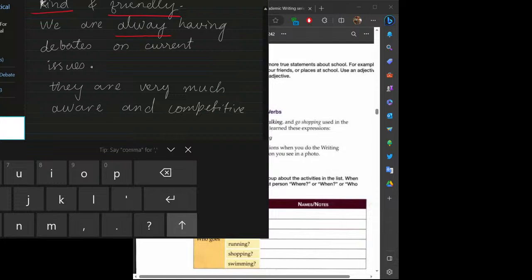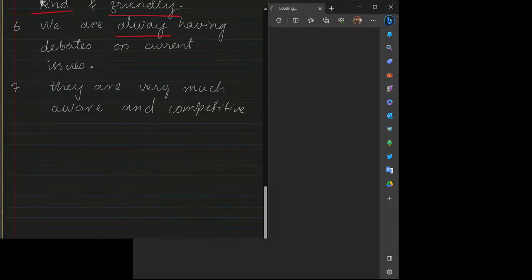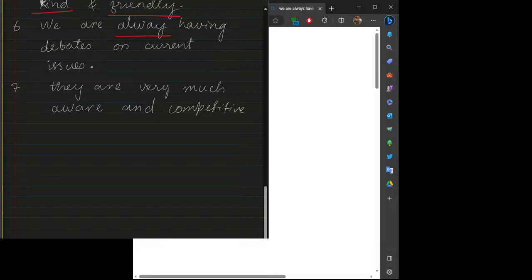Find the noun and the subject. The adjective. Let's go to Bing and have fun with this.